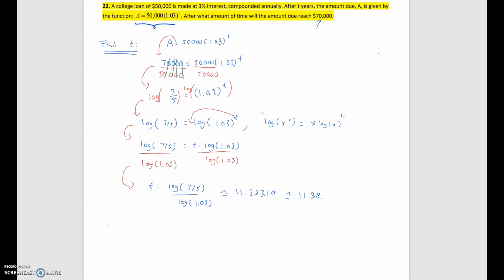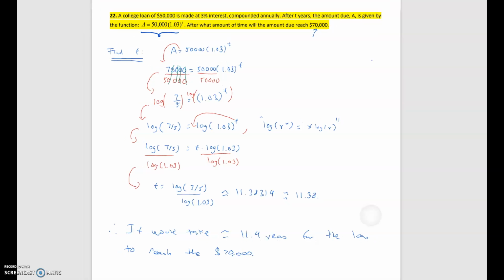So let me write it as a sentence. Approximately 11.4 years for the loan to reach the $70,000.